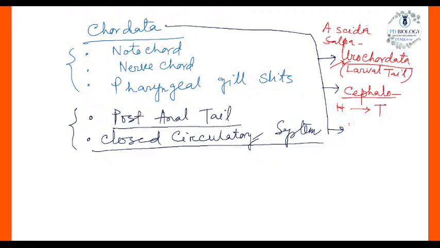And the third one, that is Vertebrata, or it is also called craniata. Vertebrates are both aquatic and terrestrial. They possess a notochord during their embryonic period.